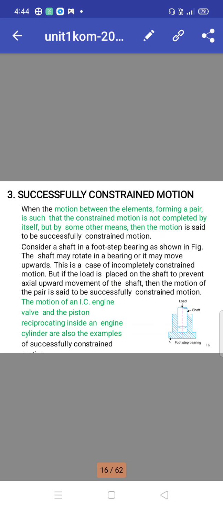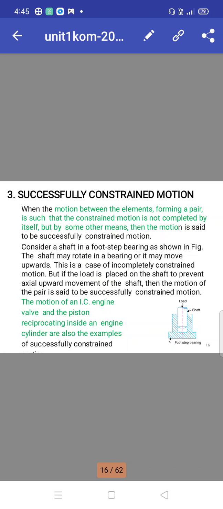Successfully constrained motion. When the motion between the elements forming a pair is such that the constrained motion is not completed by itself, but by some other means, then the motion is said to be successfully constrained motion. Consider a shaft in a footstep bearing as shown. The shaft may rotate in the bearing or it may move upwards.